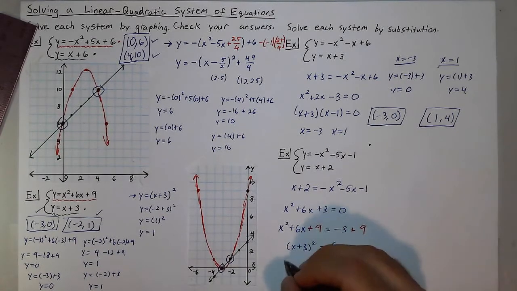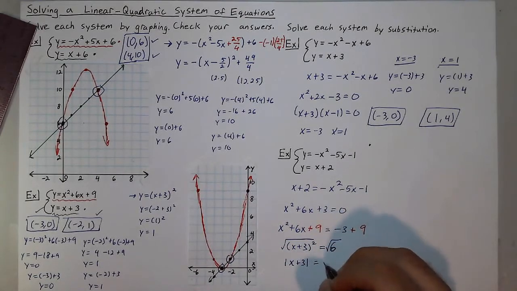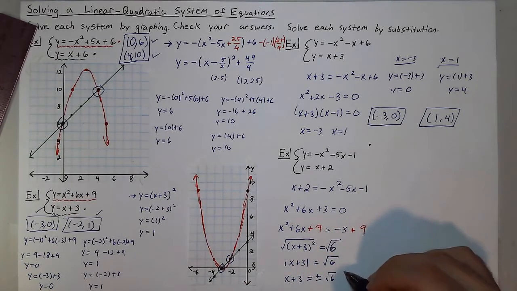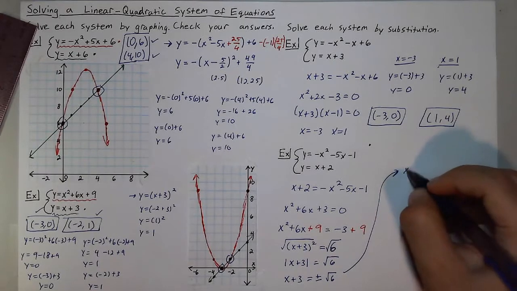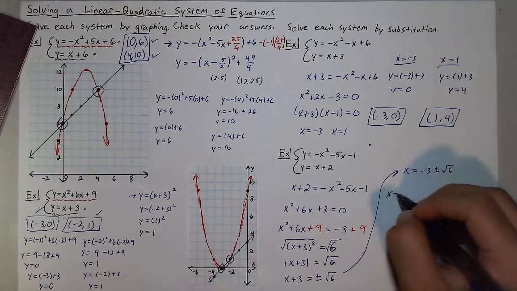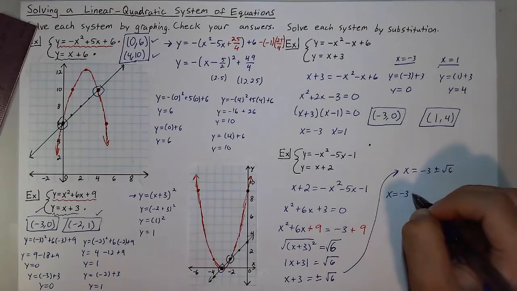I'll take the square root of both sides, giving me the absolute value of x plus 3 is equal to the square root of 6, which doesn't simplify any further, which gives me x plus 3 is equal to plus or minus the square root of 6, which gives me two solutions. x is equal to negative 3 plus the square root of 6, and x is equal to negative 3 minus the square root of 6.